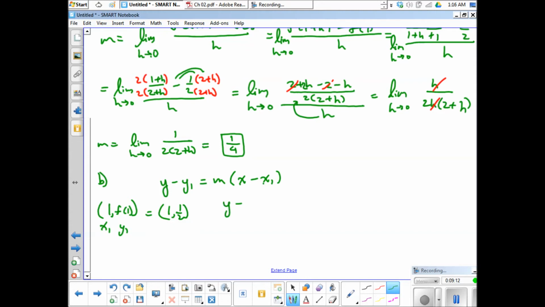So it's going to be y minus 1/2 equals m, that's from earlier, times x minus x1. You can leave it like that if you like. I believe on the AP test, if you're doing a free response, you're allowed to leave it in this form.